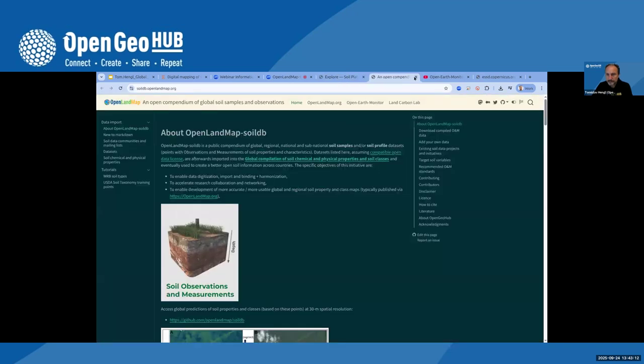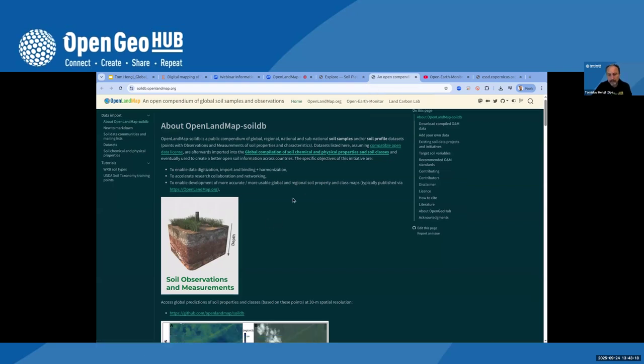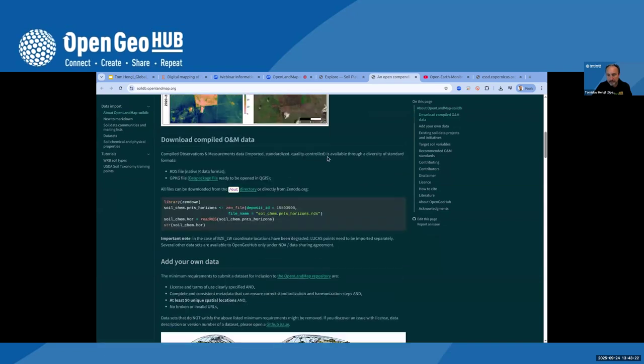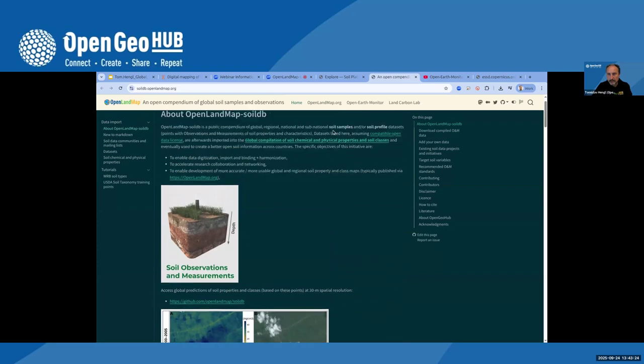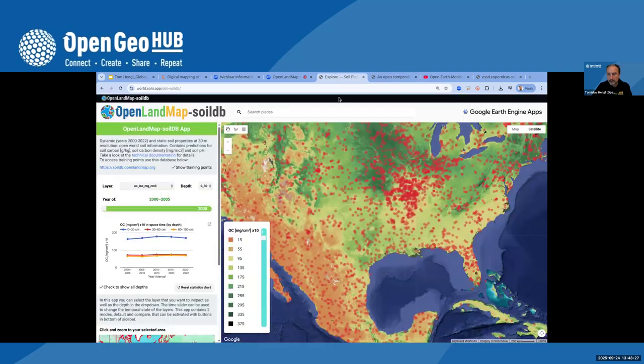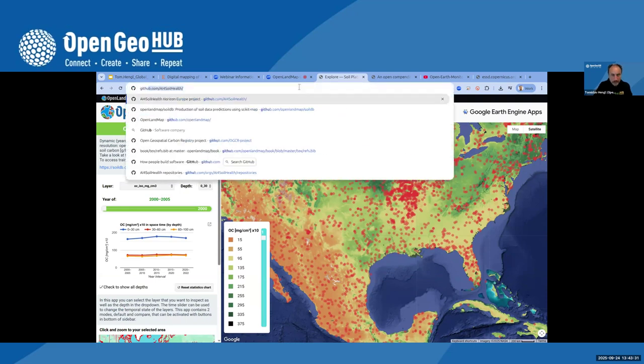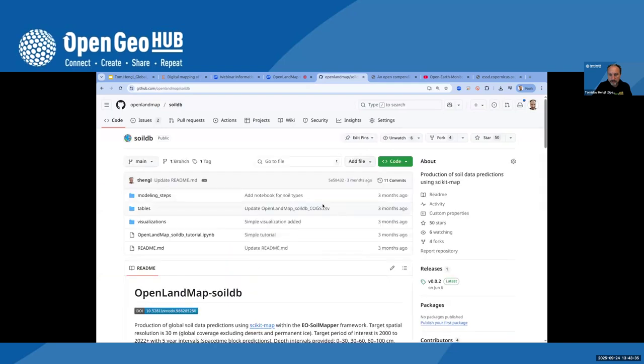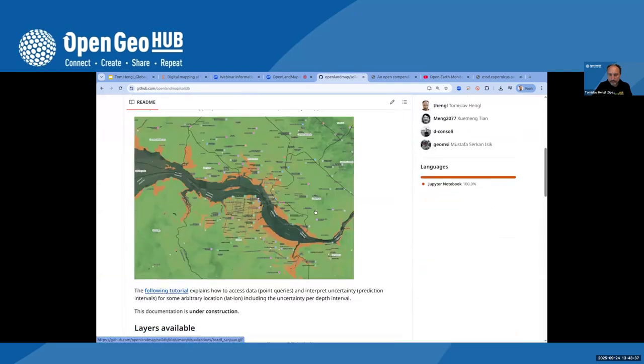So yeah, that's very quickly the app. Then you can read about the training data, how the training data was prepared and compiled, and how you can access the training data. You can also go and visit the GitHub, where you can see how to download the data.